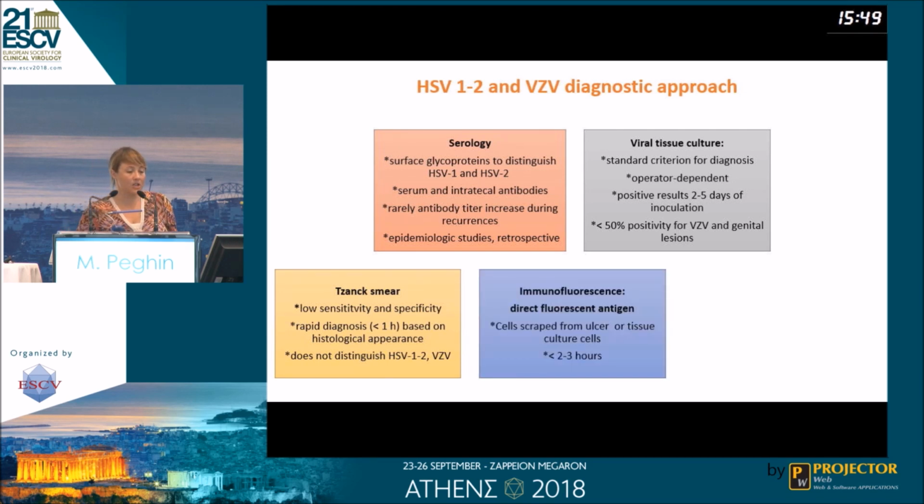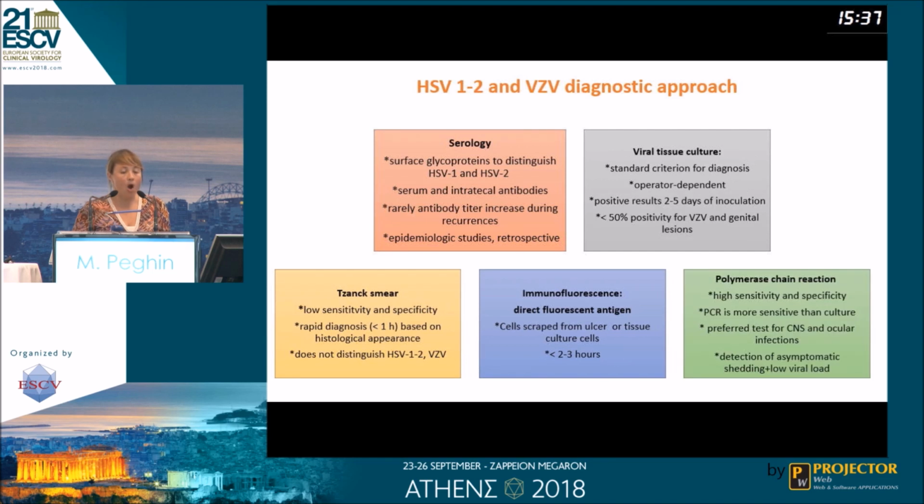Immunofluorescence is a short technique which yields rapid results and can be used on cells scraped from ulcers or tissue culture cells. But the mainstay of diagnosis for herpes 1 and 2 and varicella zoster at the moment is PCR, which has improved sensitivity and specificity and is the preferred test for central nervous system and ocular infection.